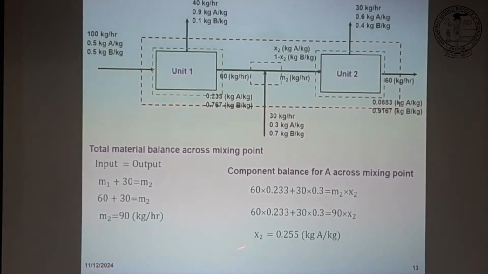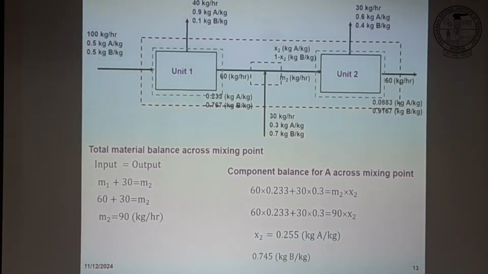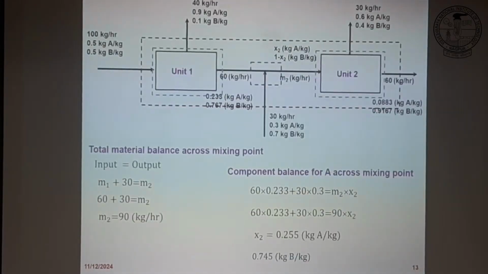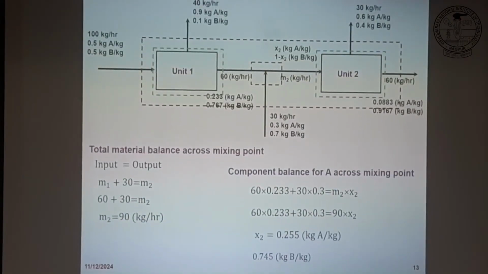So this is 0.255 kg of A. So similarly we can calculate the rest of the B. In this way we can perform the material balance across each unit which is available in the process. So this is all about the material balance across multiple units in a non-reactive system and steady state process, right?